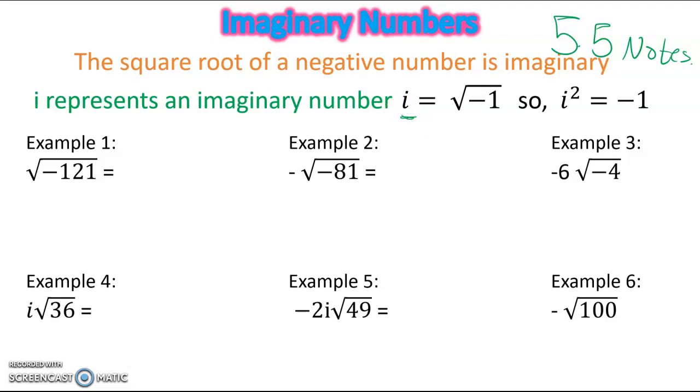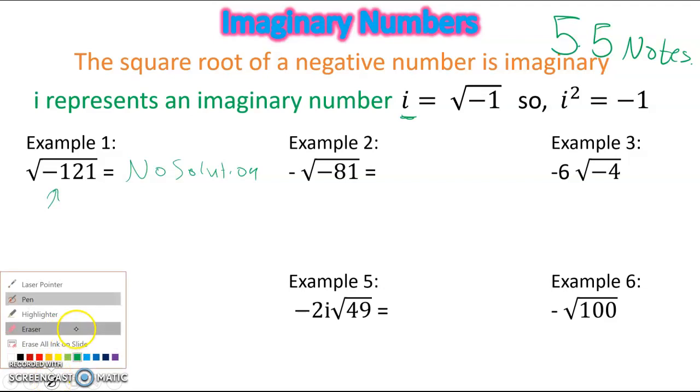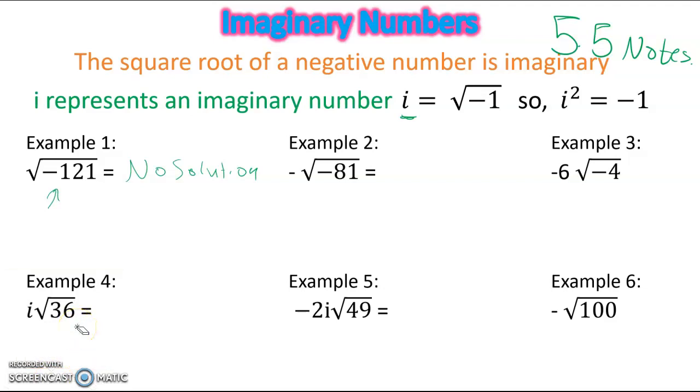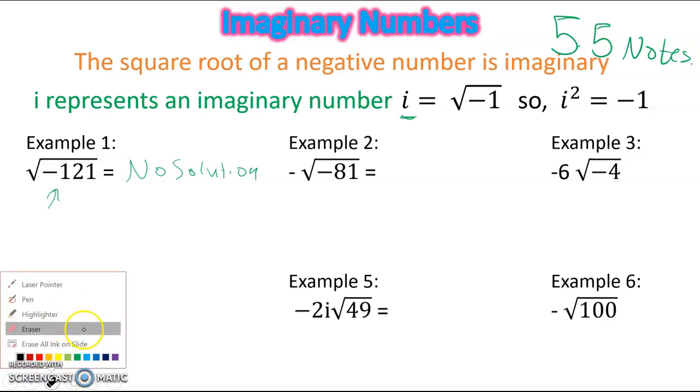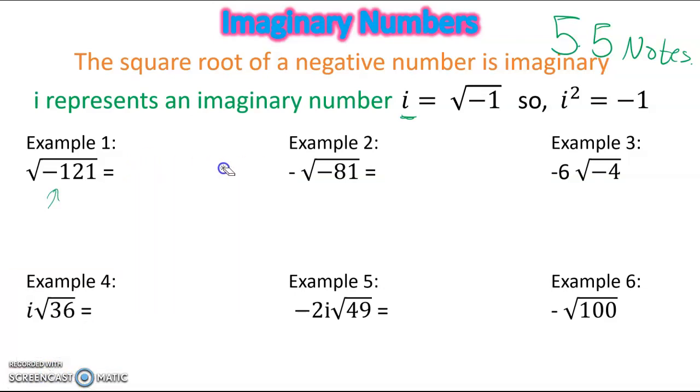In the past, we have been told that if you see, say, the square root of 121, the answer would be no solution. Technically that's no real solution, because there actually is a solution, but it is not what we call a real number, it's what we call an imaginary number. So this is how we would write our answers here.